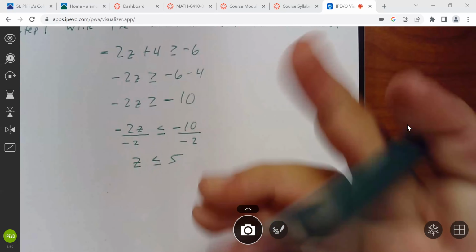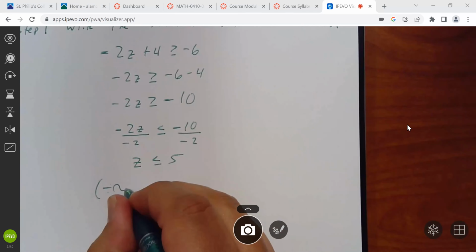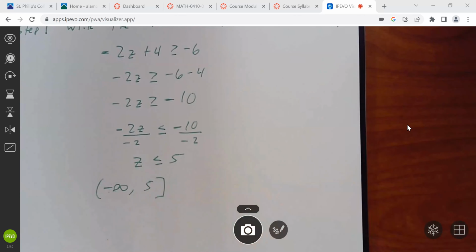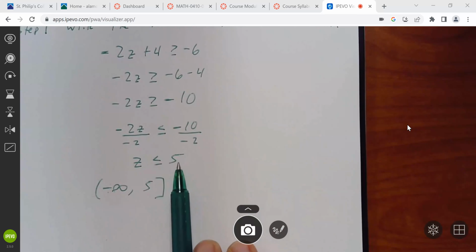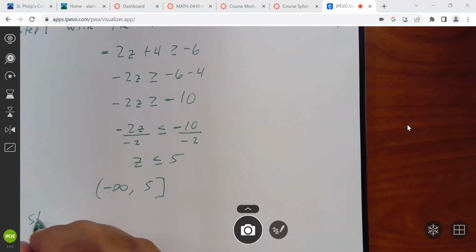Up until 5. So 5 is the highest value, so it goes on the right side. The highest value is on the right side.